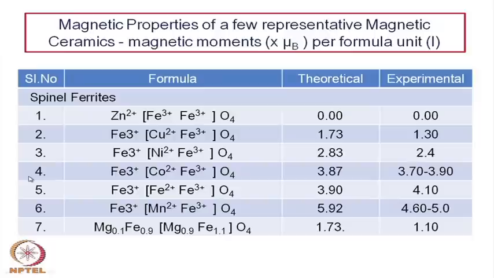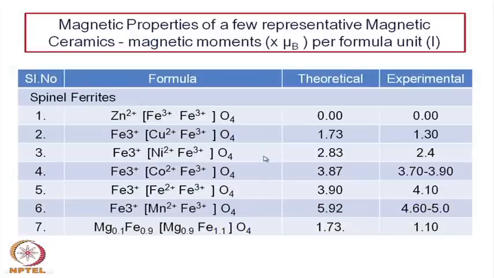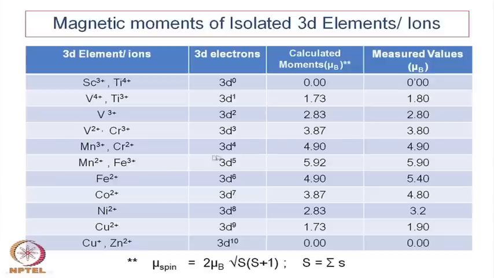So, with this, Fe3+ has 5.92 Bohr magneton. Fe3+ is actually a d5 ion. There are 5 unpaired electrons. Since it is d5, it is 5 unpaired electrons, and this manganese 2+ also has 5 unpaired electrons.